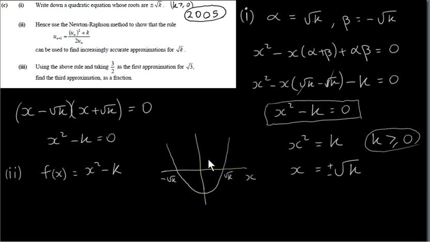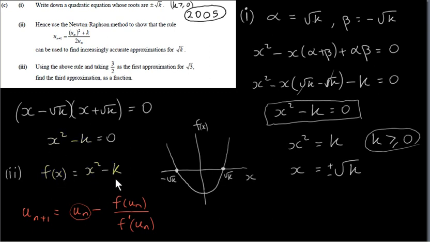So you see that the function is actually symmetrical about the f of x or y-axis in order that it has these roots. Now, in a previous video we covered the Newton-Raphson formula. The u n's are successive approximations to the actual root of f of x equals 0.